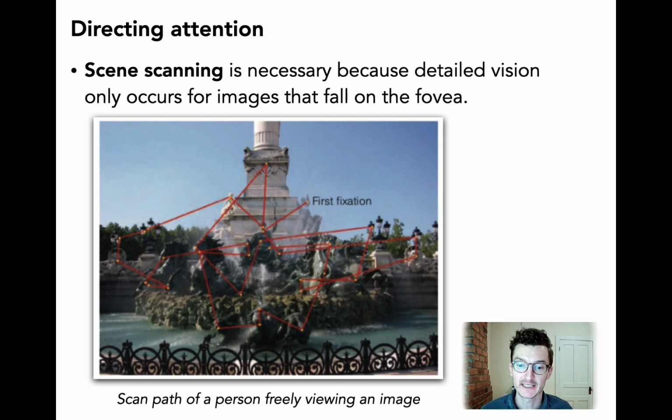Actually, we have eye tracking here at Acadia. Eye tracking devices simply look at where the eyes jump around a scene when they first look at it. And in this image here, we can see the scan path of somebody who is seeing the scene for the first time.